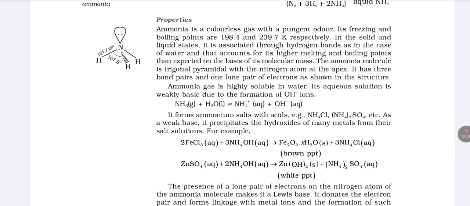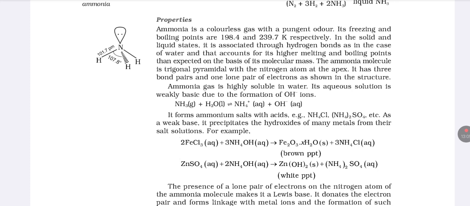Properties: Ammonia is a colorless gas with a pungent odor. Its freezing and boiling points are 198.4 and 239.7 Kelvin respectively. In the solid and liquid state, it is associated through hydrogen bonds, as in the case of water, and that accounts for its higher melting and boiling points than expected on the basis of its molecular mass.